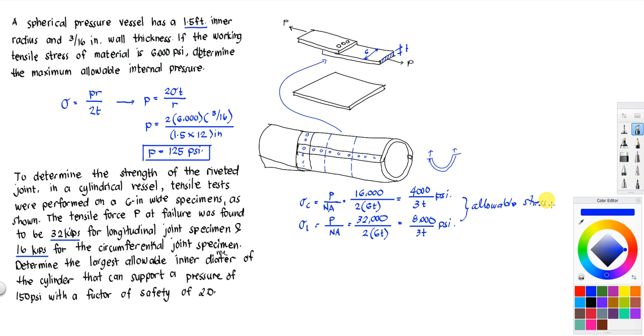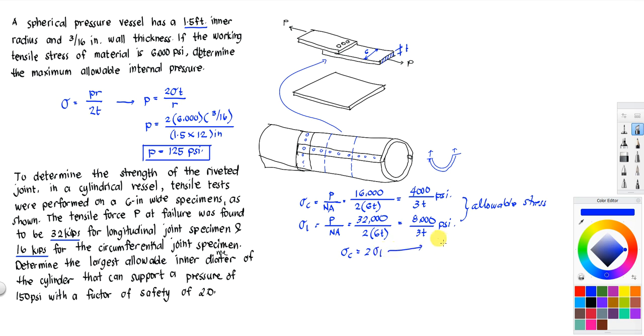Now, in a cylindrical shell, if we observe, our circumferential stress is always twice the longitudinal stress.